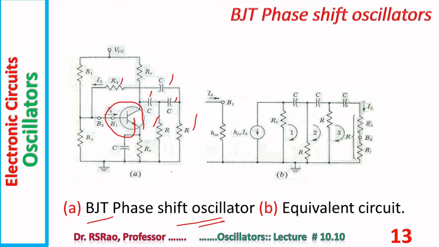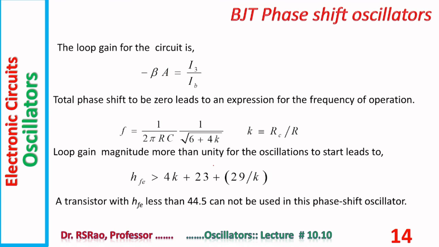Only difference is there it is FET, here it is BJT. Of course, the feedback configuration here is voltage shunt, there it is voltage series.